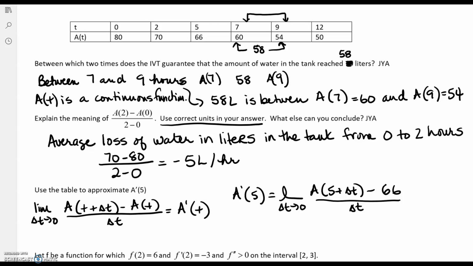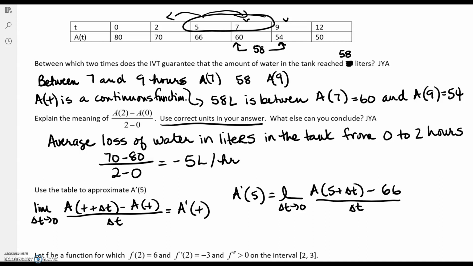The problem is delta t can't go to 0 here. The best I have to offer, I don't know why I went out that far, is 2. If I go on this side, the change in t is 3. If I go on this side, the change in t is 2.